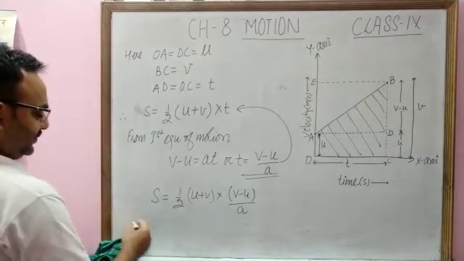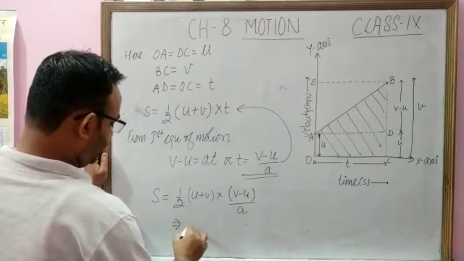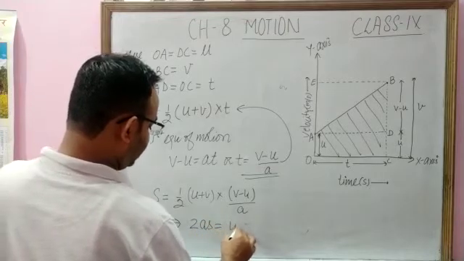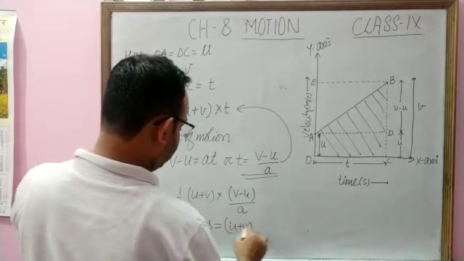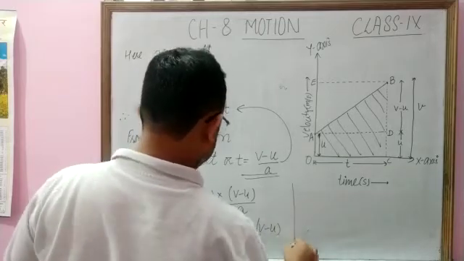The denominator you have to move to the left side. You will get 2as is equal to (u plus v) into (v minus u).